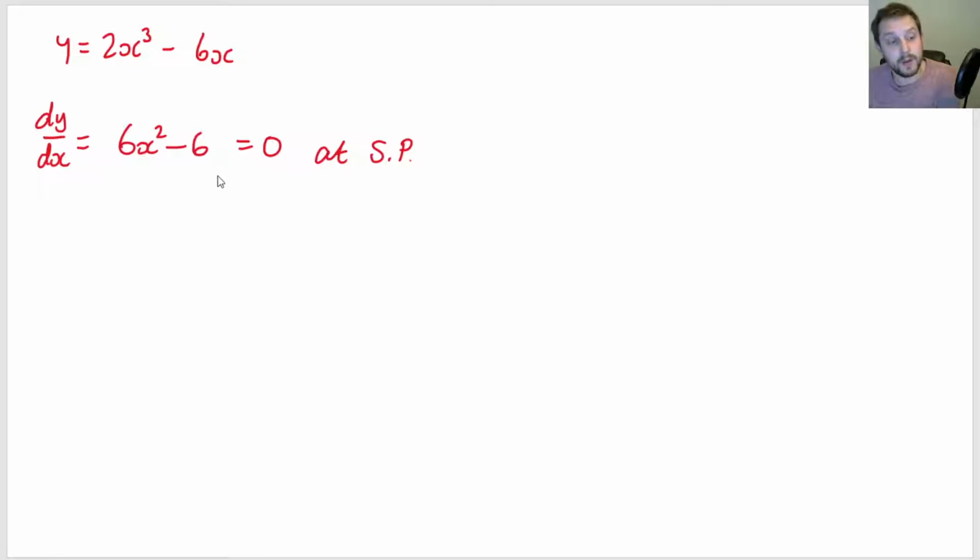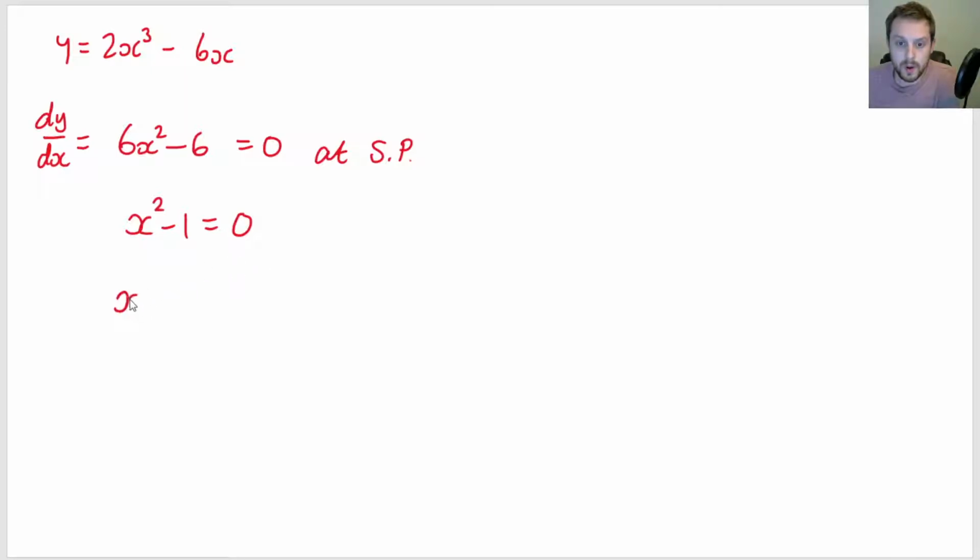So I'm going to divide both sides by 6. 6 can't equal 0, so I'm allowed to divide both sides by 6. So that's x squared minus 1 is 0, and then you've got 2 options. You could add 1 to both sides and square root.